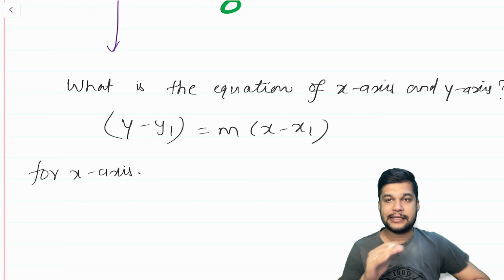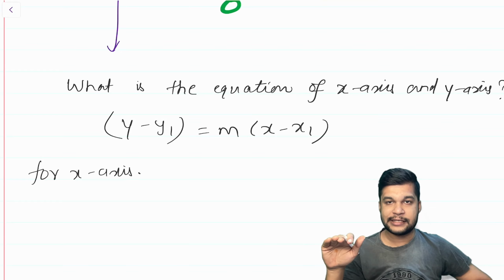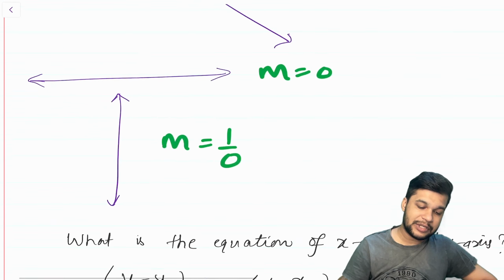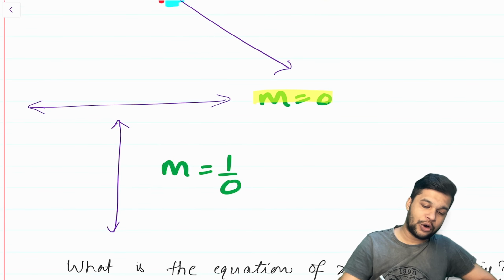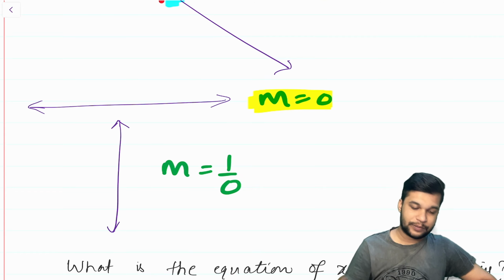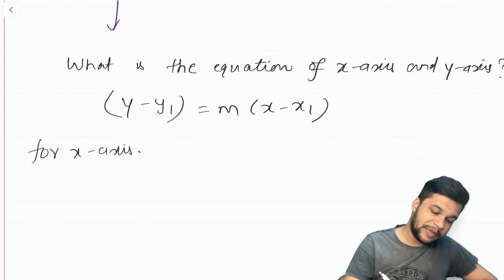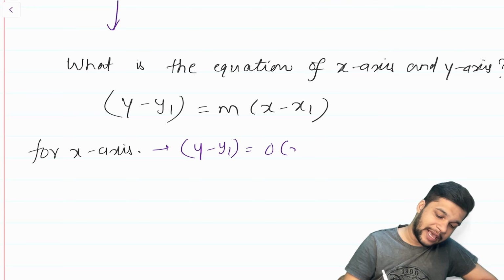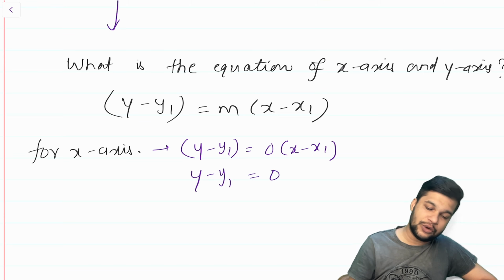So if you know, x-axis is a horizontal line, right? So slope will be 0. I have just taught you that for a horizontal line, the slope is always 0. So if the slope is 0, then y minus y1 will be equal to 0 times x minus x1, which means y minus y1 will be equal to 0.